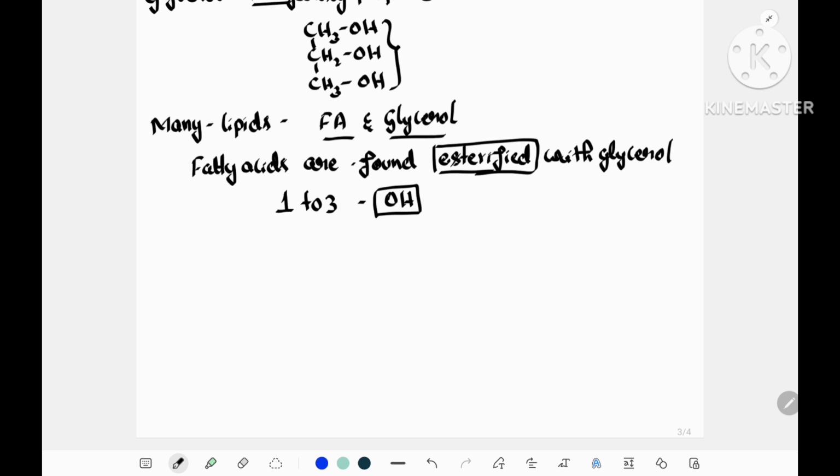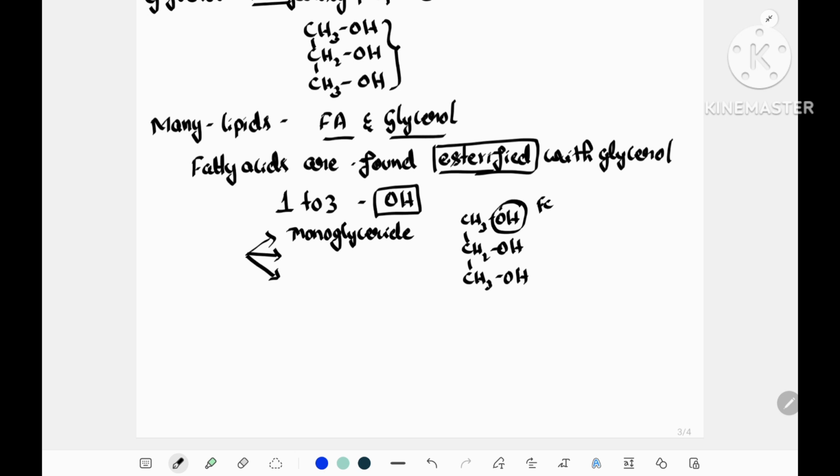So, depending upon the number of fatty acids linked with the glycerol, the lipids are classified as monoglycerides. Monoglyceride means trihydroxypropane, CH2OH, CHOH, CH2OH, where instead of one OH there is one fatty acid linked to it. So that is called a monoglyceride.